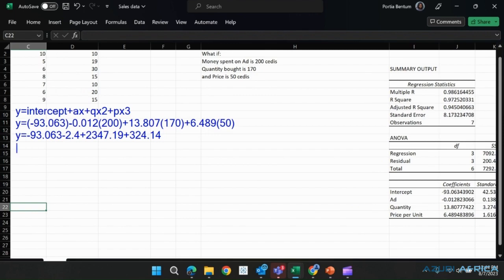You bring in your BODMAS here. So Y should be equals to minus 93.063 minus 2.4 plus 2,347.19 plus 324.15.